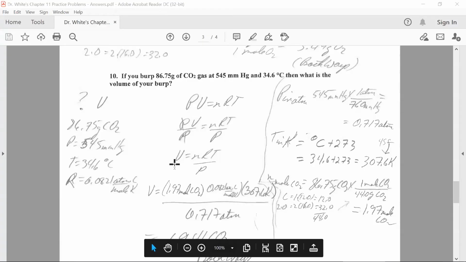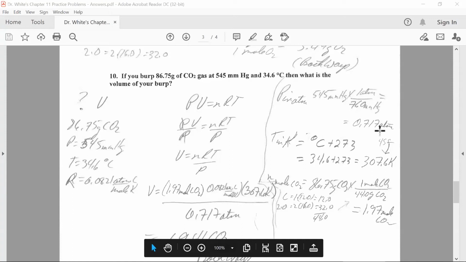Common mistakes on test number 3. Students put these values into P, N, and T. No, pressure has to be in atmospheres. Oh no, we were given in millimeters of mercury. So how do you convert that to atmospheres? This is what you start with.